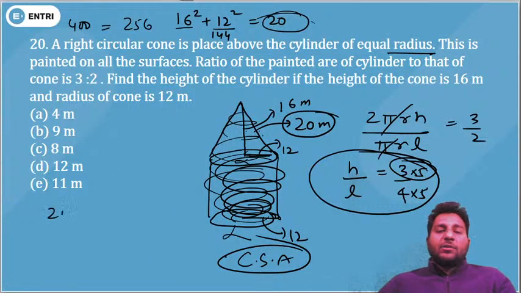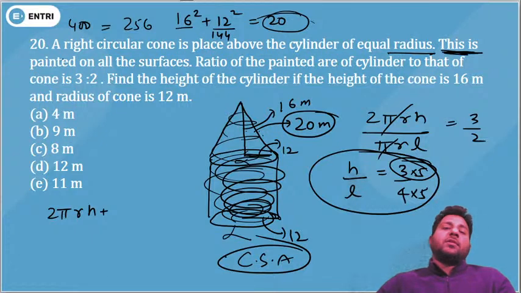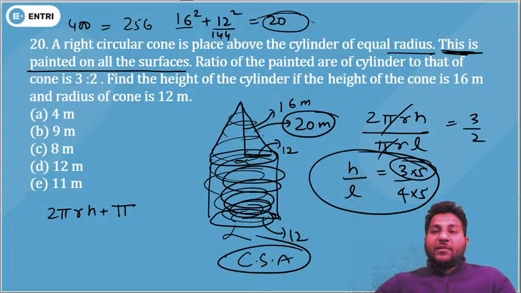Look at this. If you add 2 pi r h plus, okay, let me wait. Okay. I missed this point. I missed this section. Yes, absolutely. I didn't read it because I was looking at the comments.